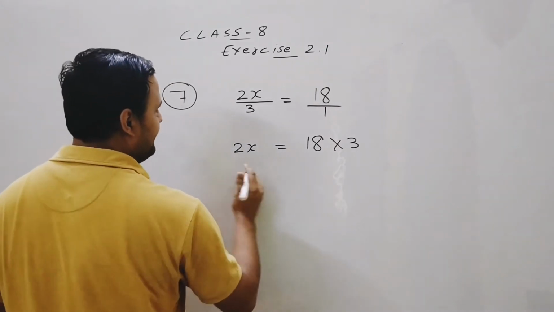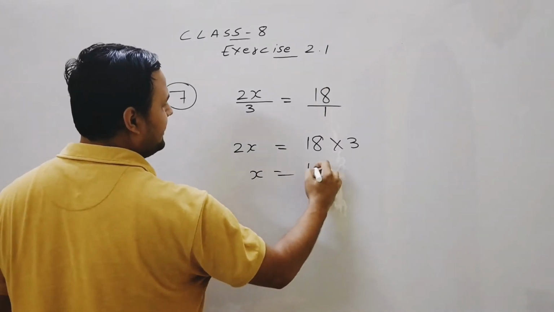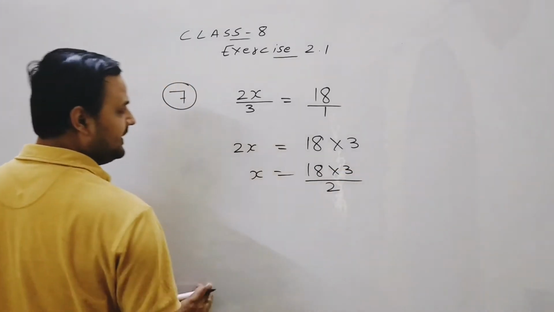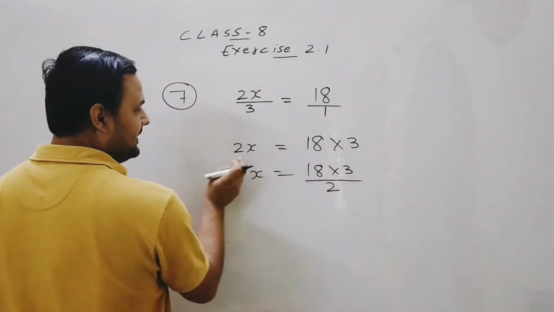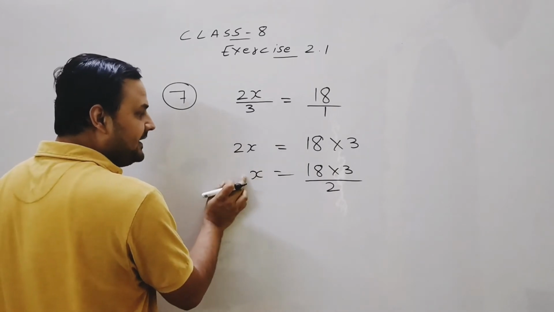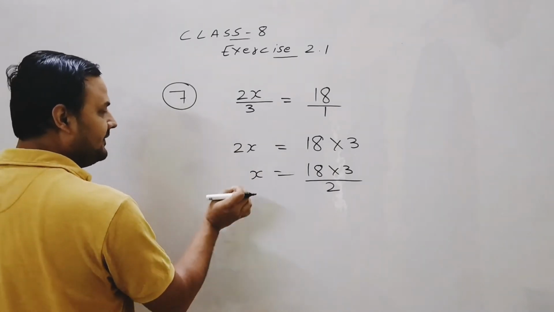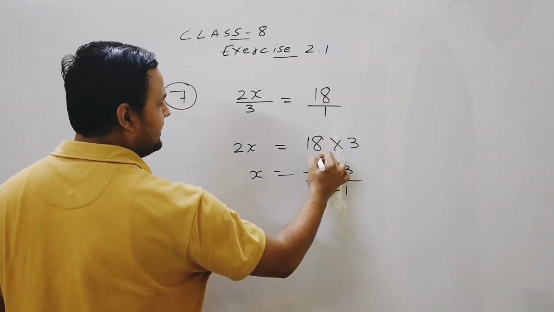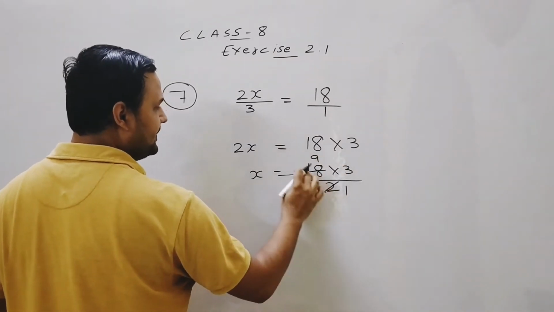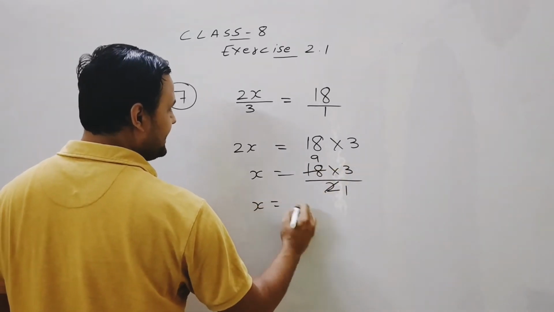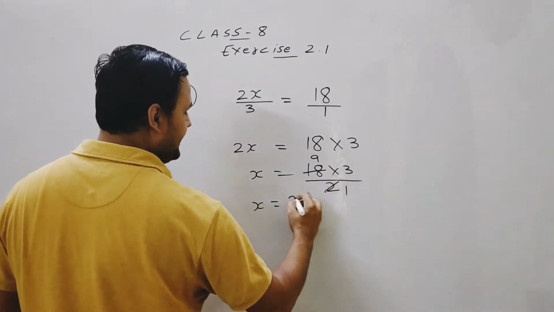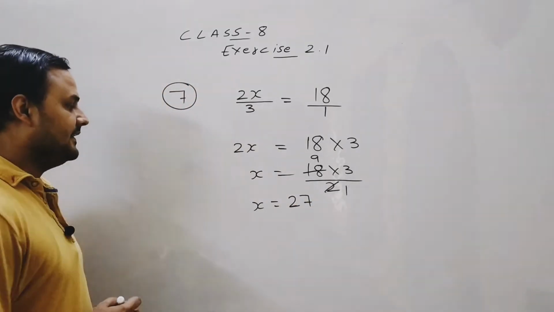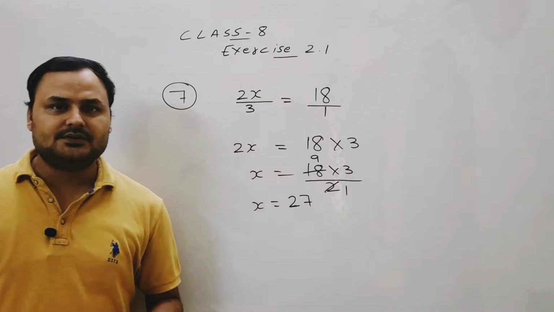Because this 2 is with the multiplication symbol, and when it goes on the right hand side, it will be divided. 2 ones are 2, 2 nines are 18. So x equal 9 into 3, that is 27. So for question number 7, the value of x equal 27.